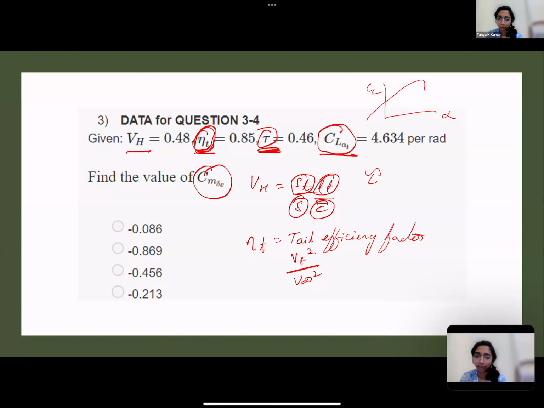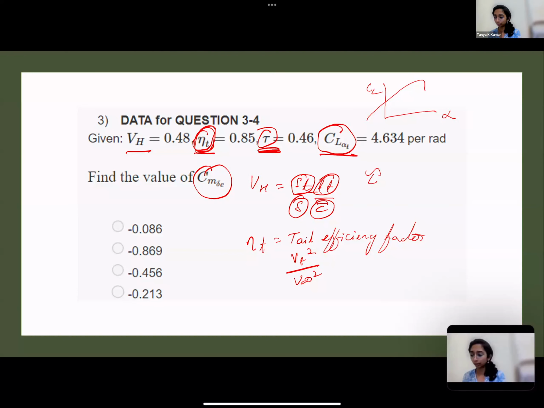It is the CM due to deflection in the elevator. Correct. Perfect. So how do you find that?